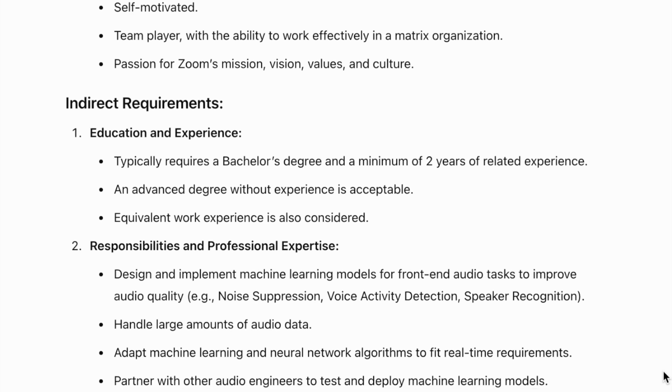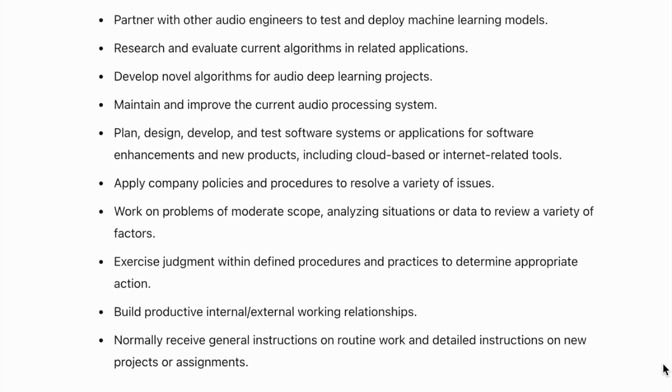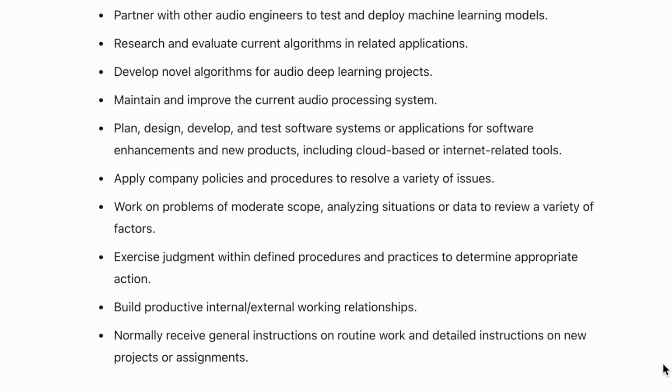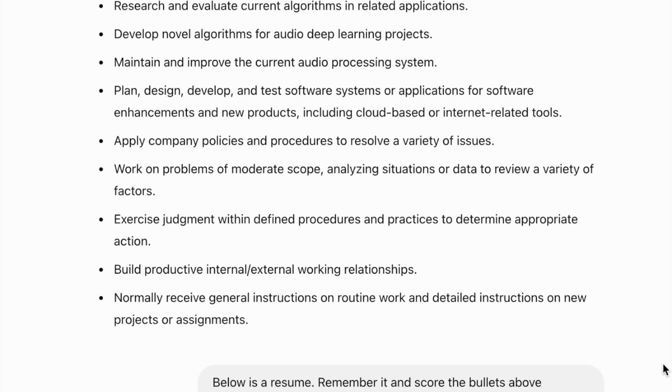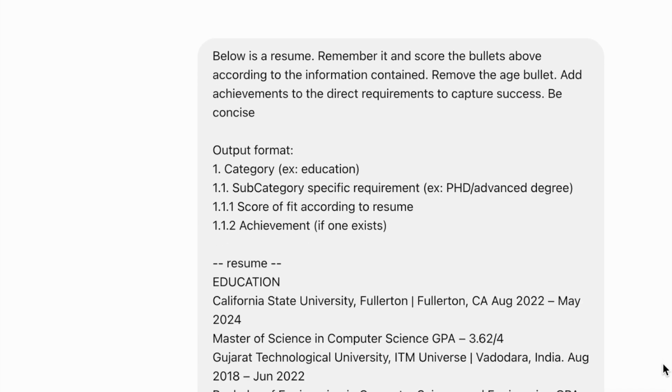So let's continue. Now, those requirements in a position, you could, of course, invest more time or minimize some requirements that might be less applicable, for example, apply company policies and procedures to resolve a variety of issues. But again, for the purpose of the demonstration of how we create a resume, let's do it.